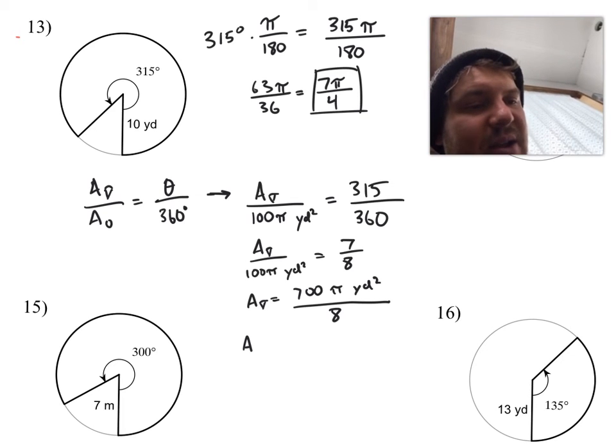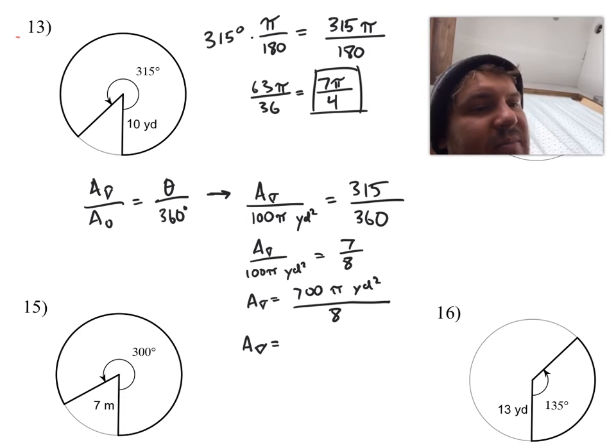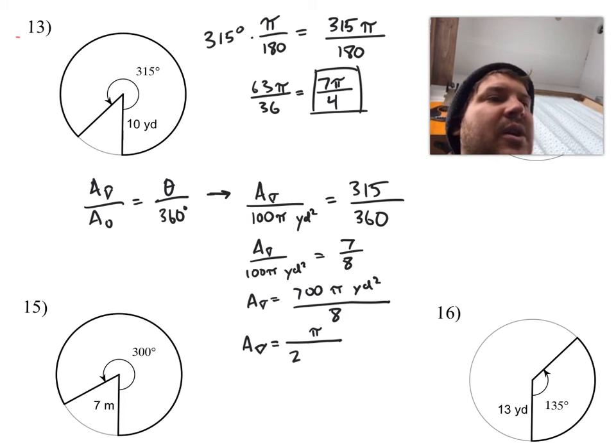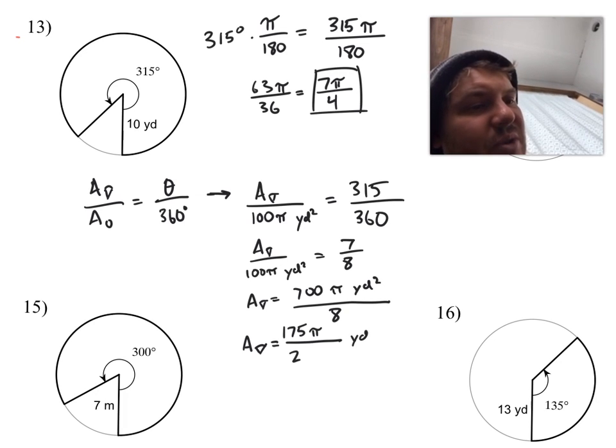So the area of the sector equals, divided by 4 on the top and the bottom, over 2 pi. 700 divided by 4, 100 divided by 4 would be 25. 25 times 7 is 175. 175 pi over 2 square yards.